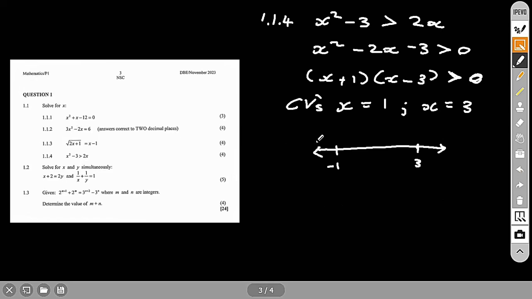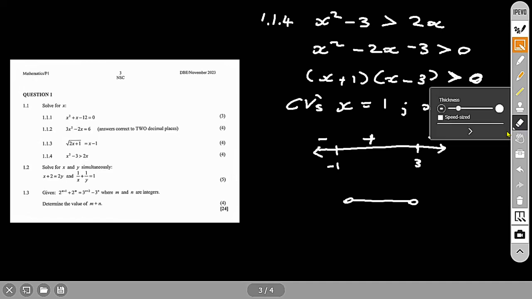But if we have negative, positive, negative, you'll have something like this. So just pay attention and consideration to that.